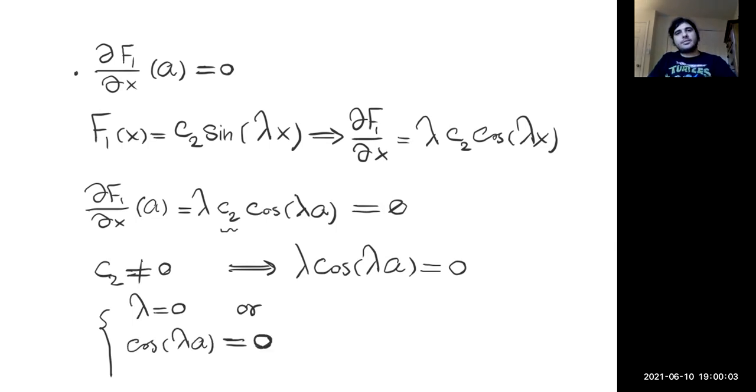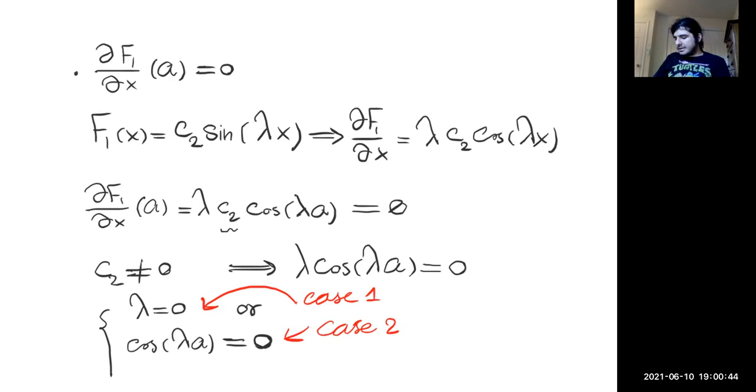Now we should investigate both of these cases separately. They're both interesting. This thing here is case number 1, and this thing here is case number 2. We should see what is the result of each of these. Let's first try to see what happens if lambda is equal to 0.